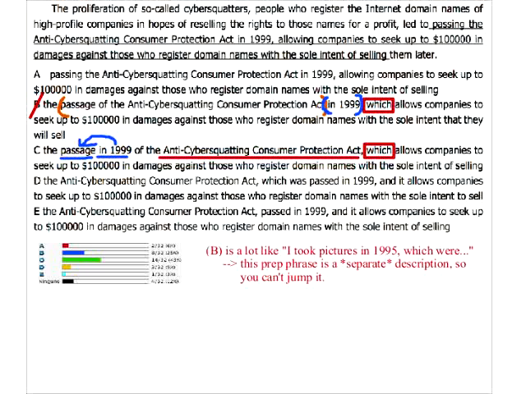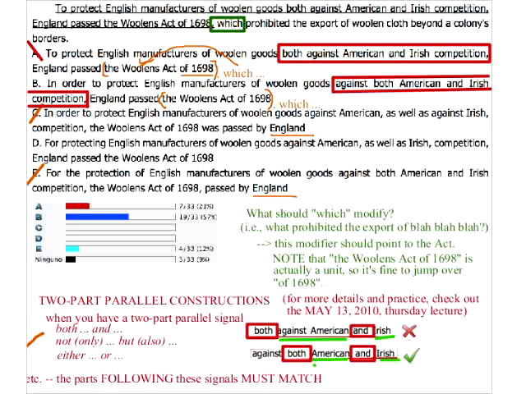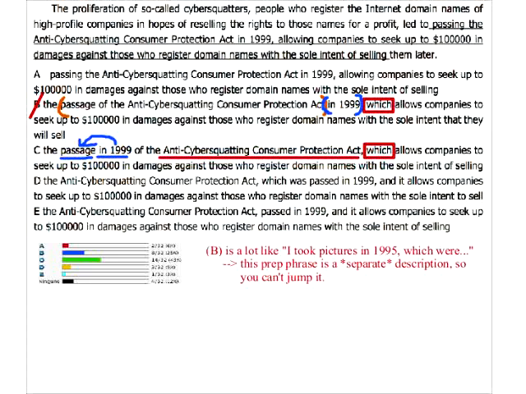Okay. We're running down on time here, so I'll give you a little bit of a summary about what's wrong with the others. If it was the act, if it was like this, that's why I chose these two problems to put next to each other, because the contrast is stark. Like the act of 1698 is a thing. But if you say in, that's not how in is used.